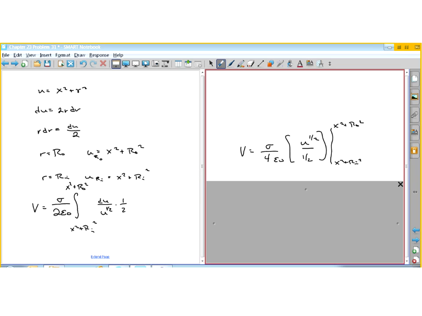Okay, sigma, we get a 4 there because I factored out the 2 in the denominator, so 2 times 2 is 4, epsilon 0.